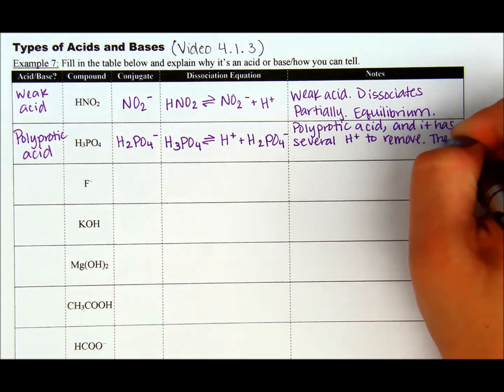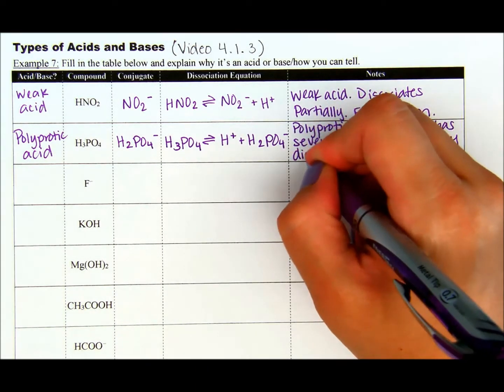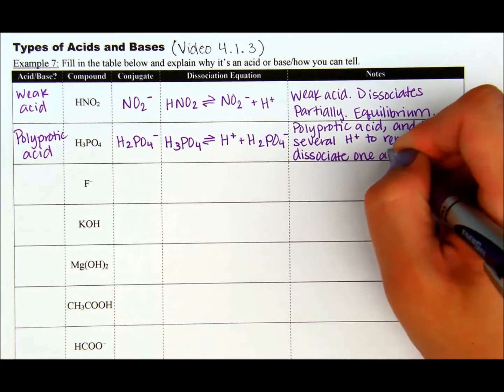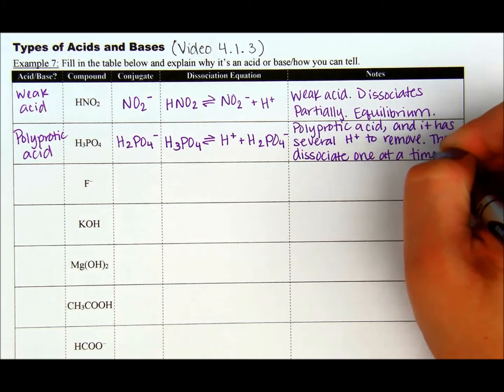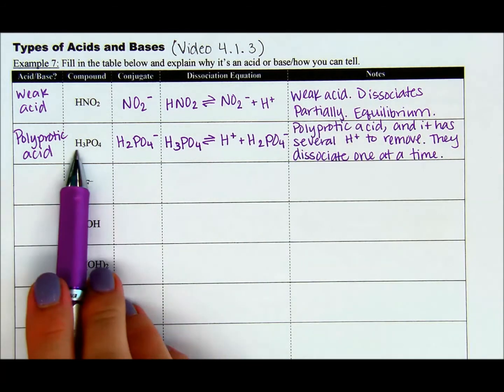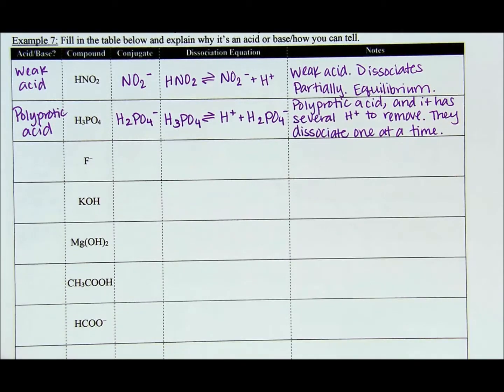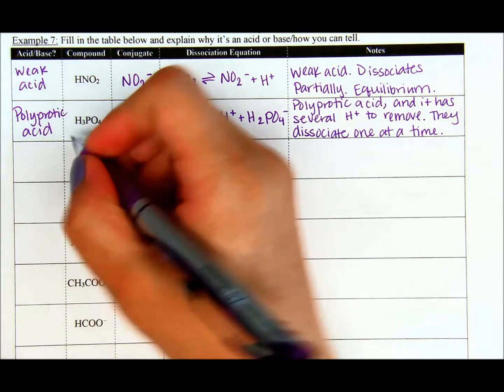They dissociate one at a time. So anytime you see multiple hydrogens in front, you know it's going to be a polyprotic acid most likely.